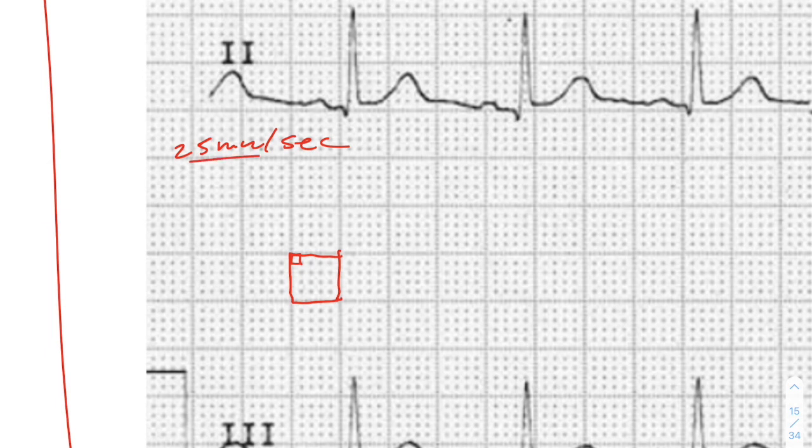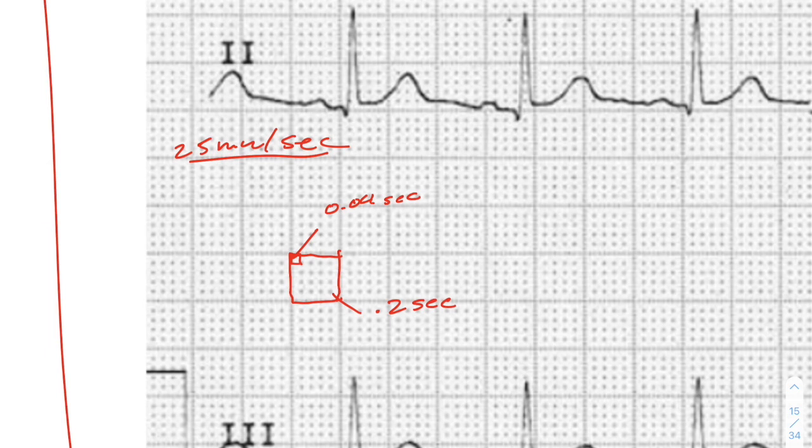Given this speed, one small square is equal to 0.04 seconds. Within a large square, there are 5 of those, so one large square is 5 times this, which is 0.2 seconds.